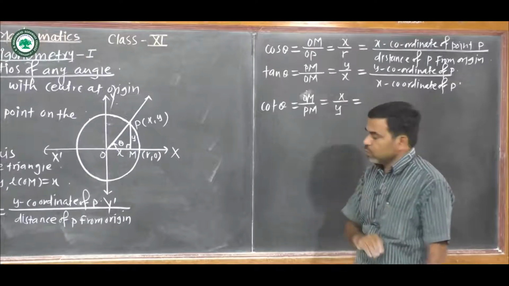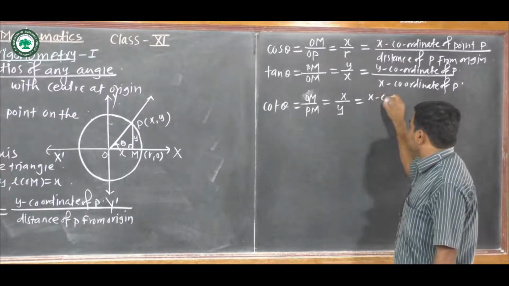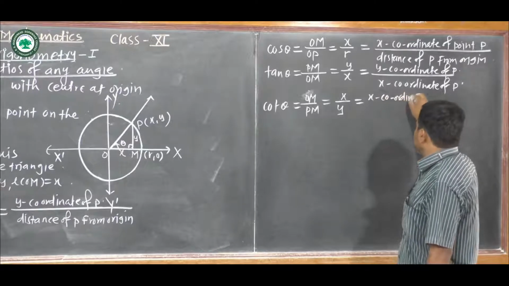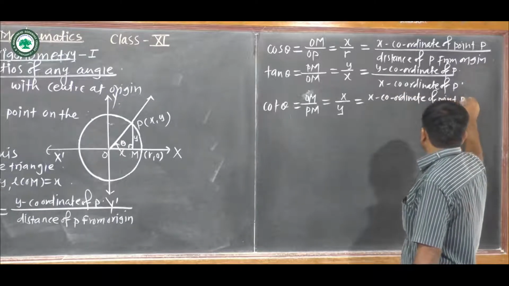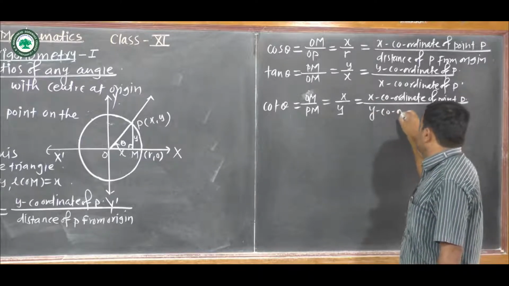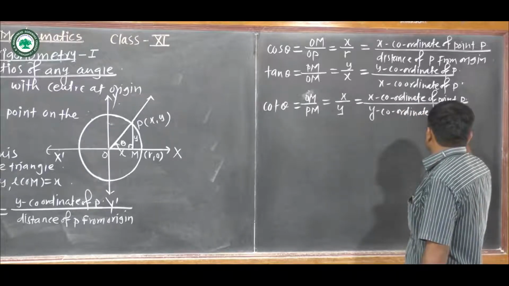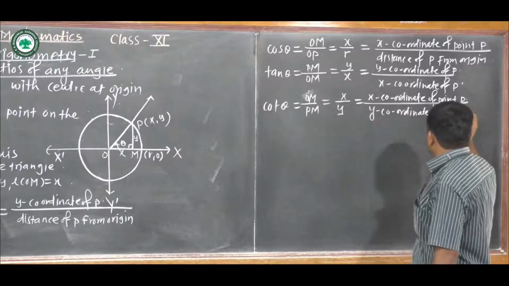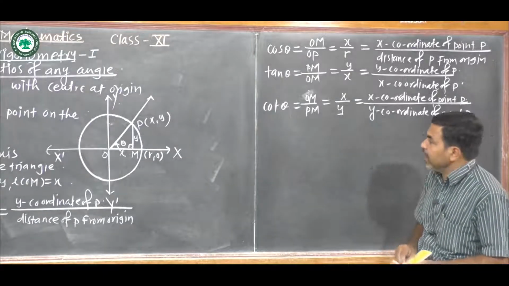It is equal to x coordinate of point P divided by y coordinate of point P, where point P lies on the terminal arm of the angle theta.